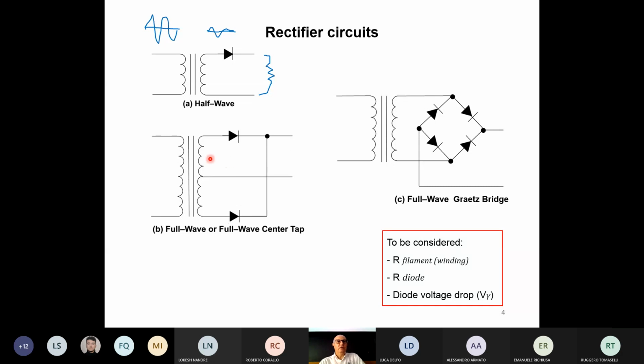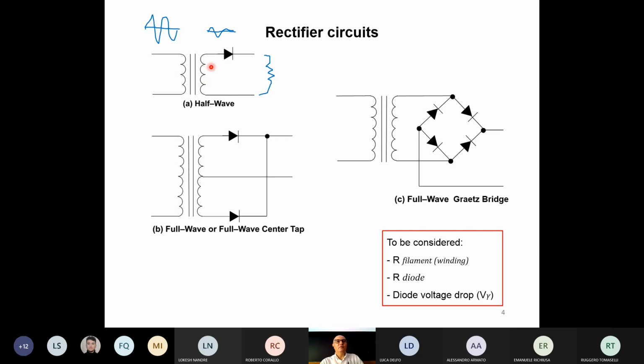The point with this circuit is that you have basically two rectifiers which are separated. They just share one wire, have one wire in common. This means that the number of turns that you have on the secondary must be the same on both half windings.